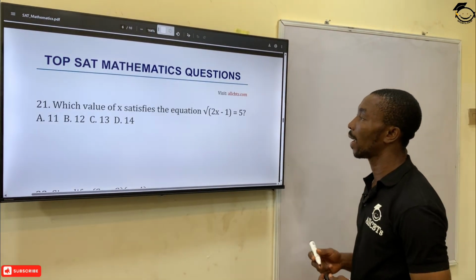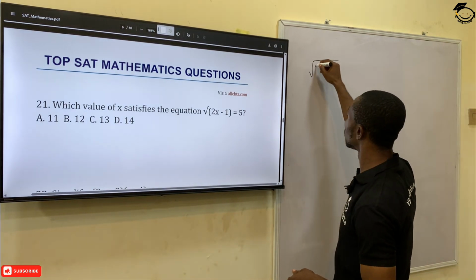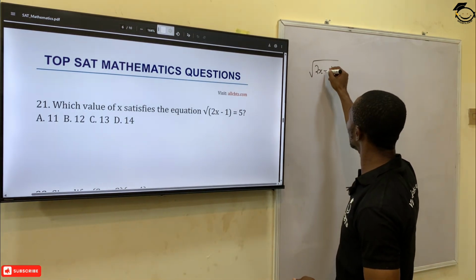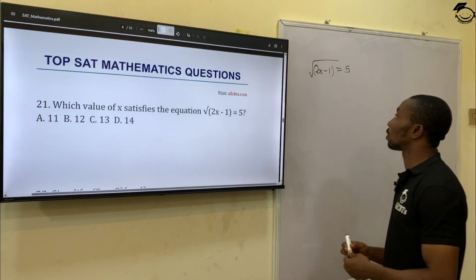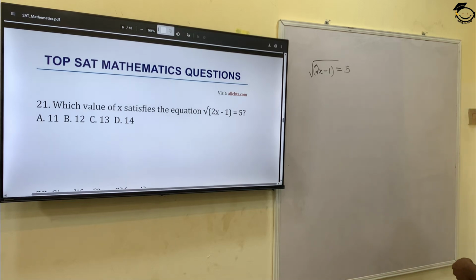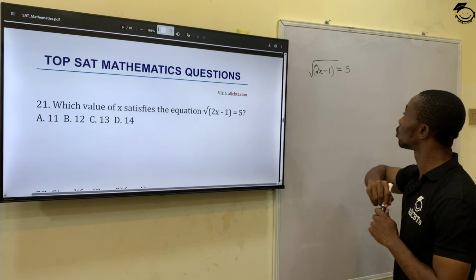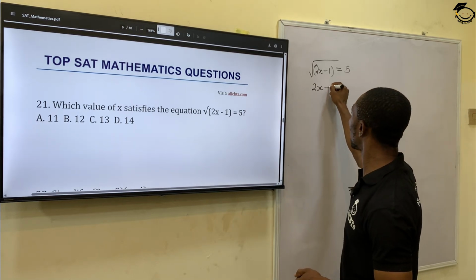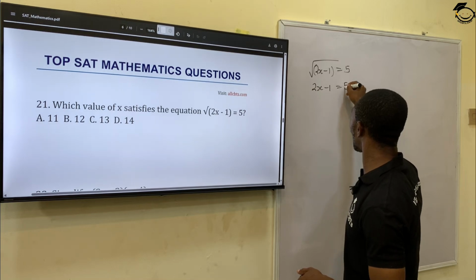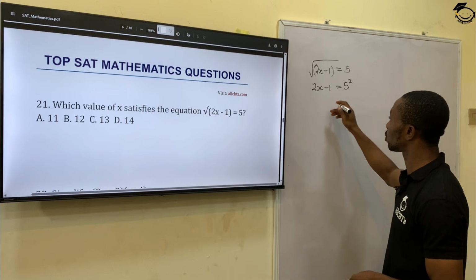Which value of x satisfies the equation root of 2x minus 1 equals 5? Now, in order to solve this, we would first of all square both sides to eliminate the root. So if we square both sides, this becomes 2x minus 1 equals 5 squared. And we know that 5 squared is 5 times 5, which is 25.